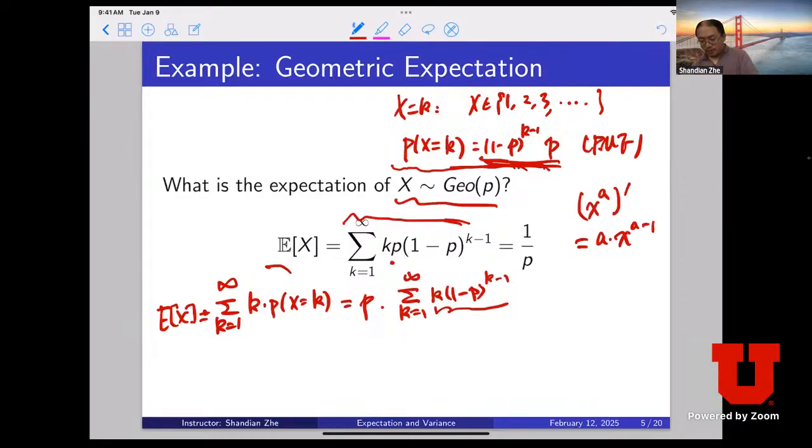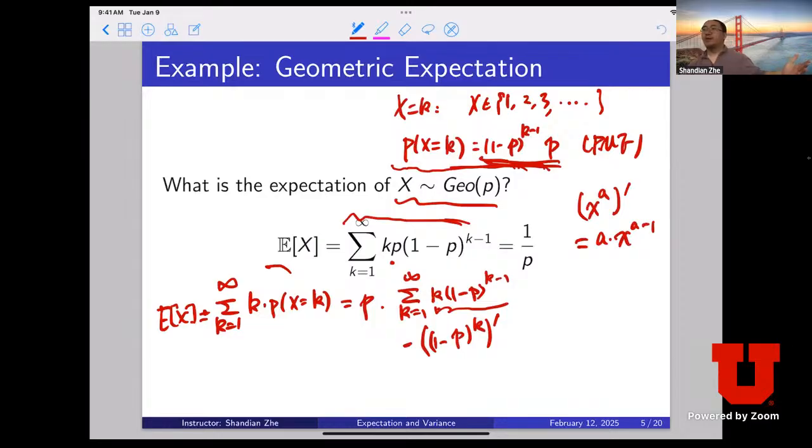If you look at this, what can we observe? Here you can just view P as X. So this is essentially applying the derivative to 1 minus P to the power of K, where the derivative is taken with respect to P. But if you want to apply it with respect to P, you have to put a minus sign in front. Why is that? We can verify it with the chain rule.